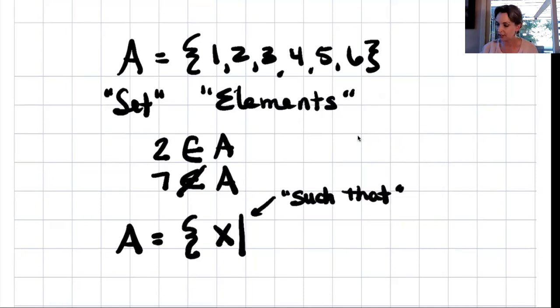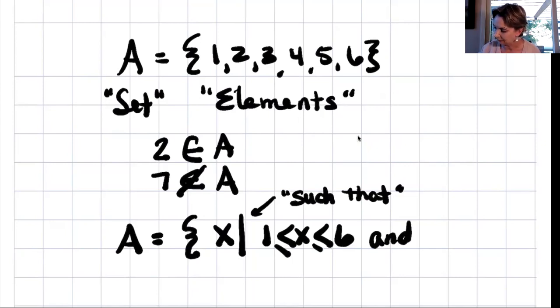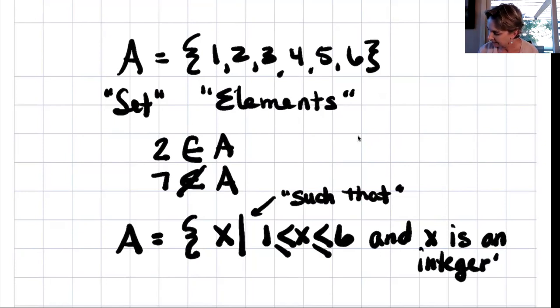So all x such that x is greater than or equal to 1 and less than or equal to 6, and x is an integer, and then a brace. We had to express that it's an integer. Otherwise, it could be 1.5, or 4.2. It could be all those things in between 1 and 6, but we only want the integers in this case.